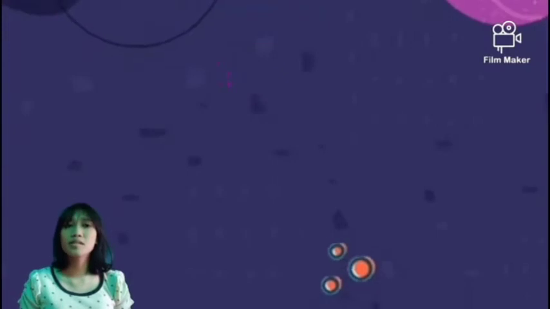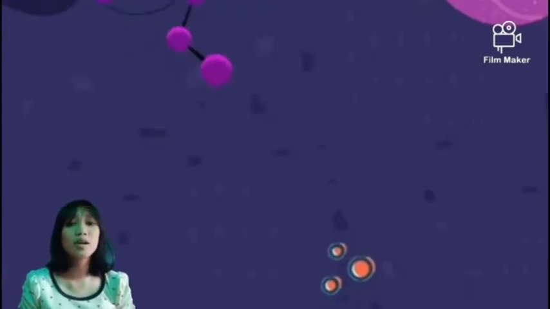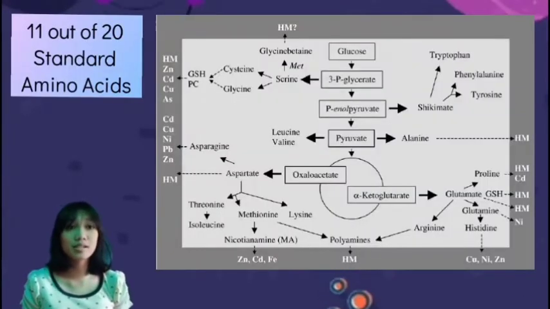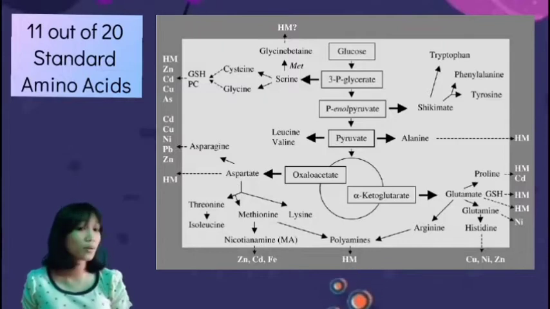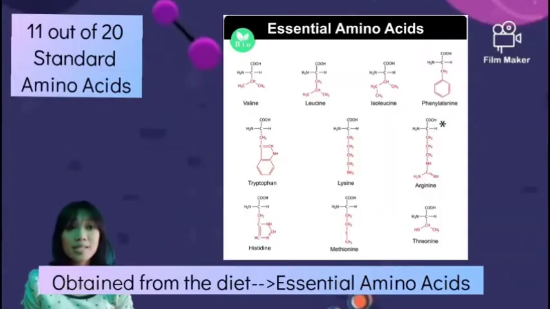We possess synthetic pathways for only about 11 out of 20 standard amino acids. The remaining ones must be obtained from the diet, which are referred to as the essential amino acids.